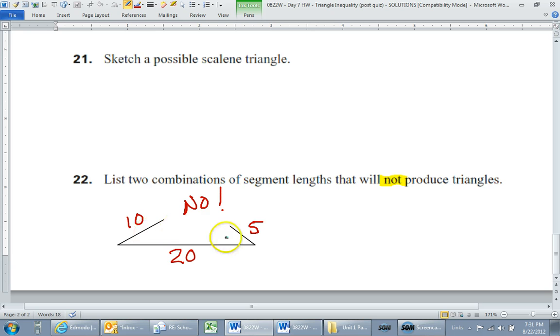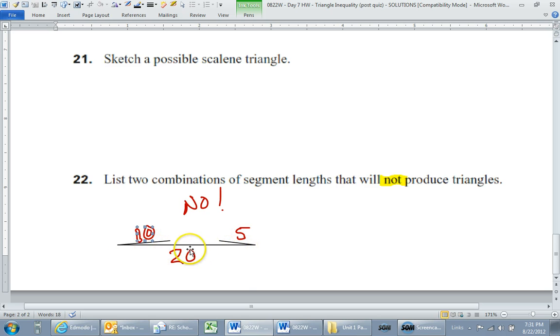They will not meet. If I try to stretch this out in the right direction, okay, there's my 10, here's my 5. They just won't reach. There's my 5, there's my 10. They only make 15.